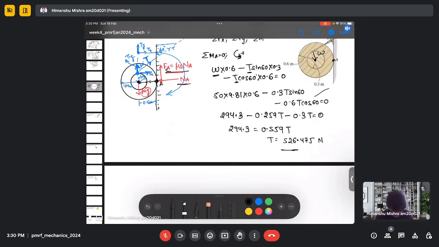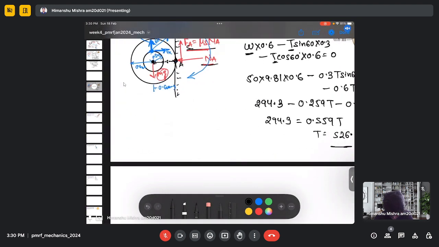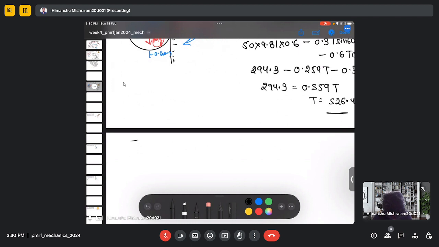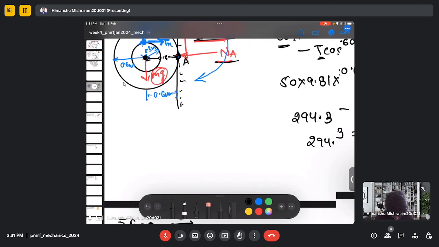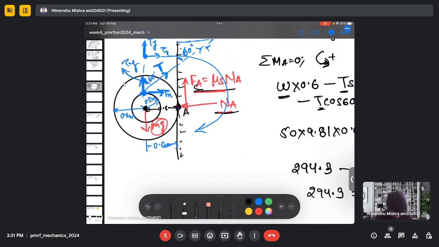And now I can do the force balance analysis. So if I do in the horizontal direction, where the force from left to right will be positive, I have normal reaction, I have horizontal component of T. So these are only two forces in the horizontal direction.